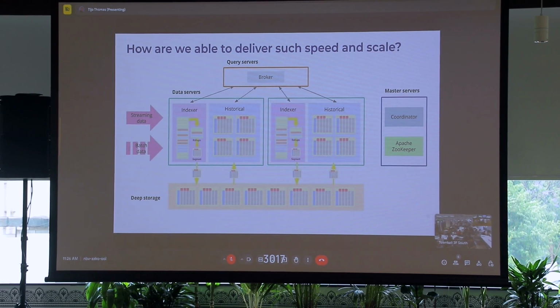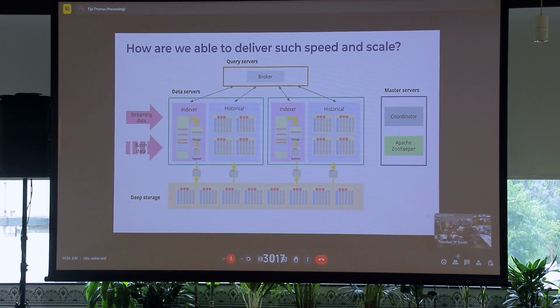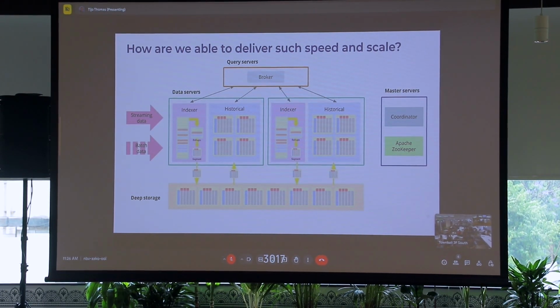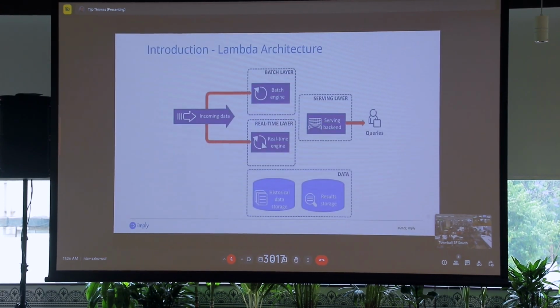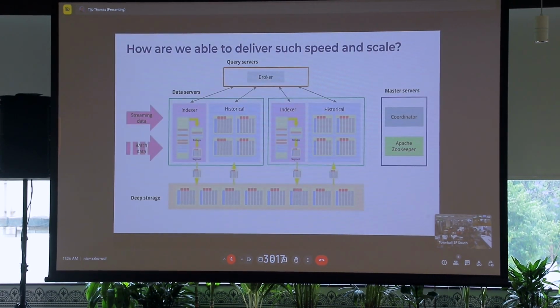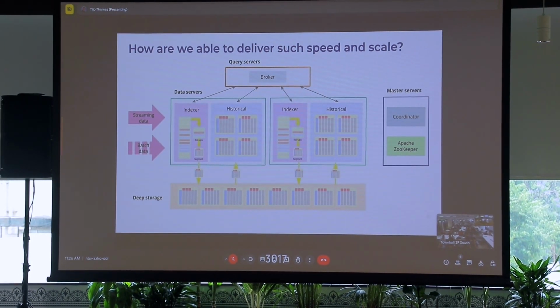There is one other component in the data servers called the indexer, which handles the real-time data. We will cover more about real-time later because that is the main focus for today's session. Then the broker receives all the partial results from each individual server, which is indexer and historical, merges the results and sends them back to the user.